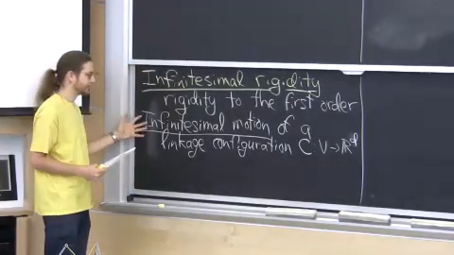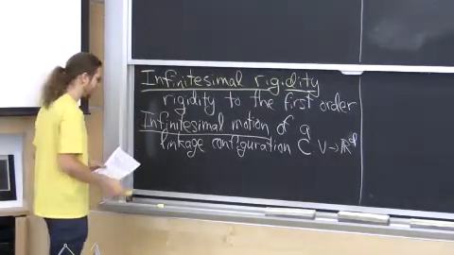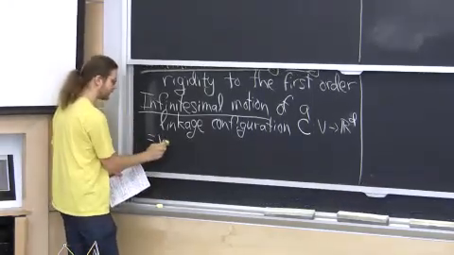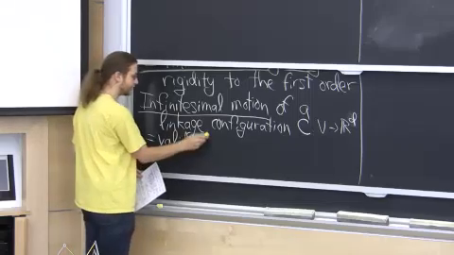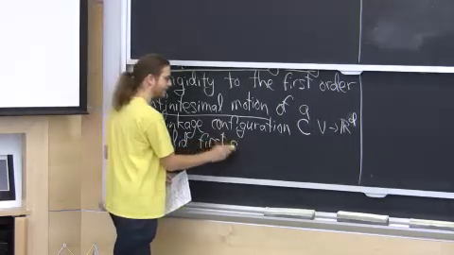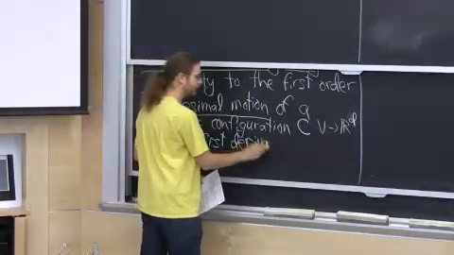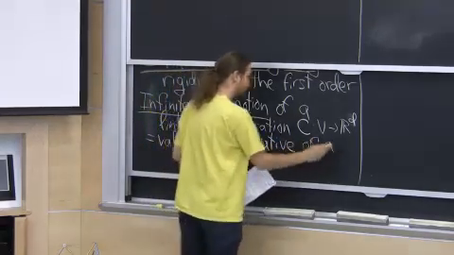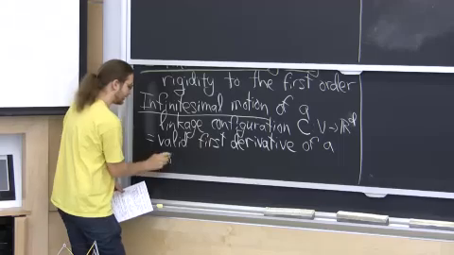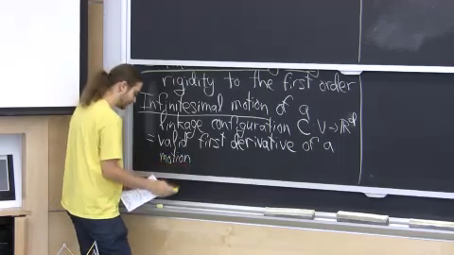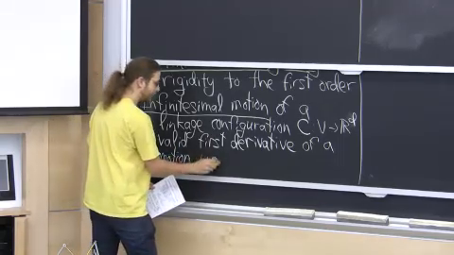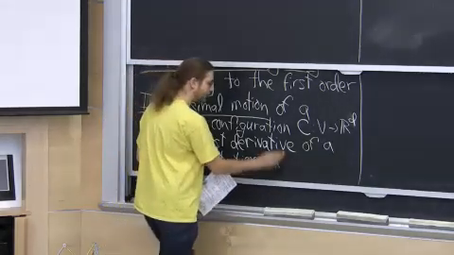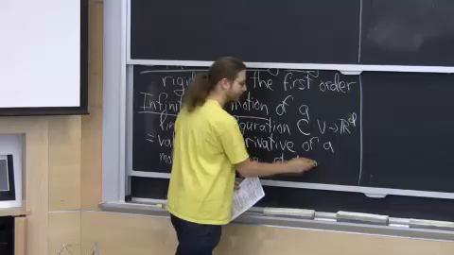So what I want to define is a valid, this is sort of an informal notion, valid first derivative of a motion. We've already defined motions. I want to take such a motion, take its derivative with respect to time, and evaluate that derivative at time 0.